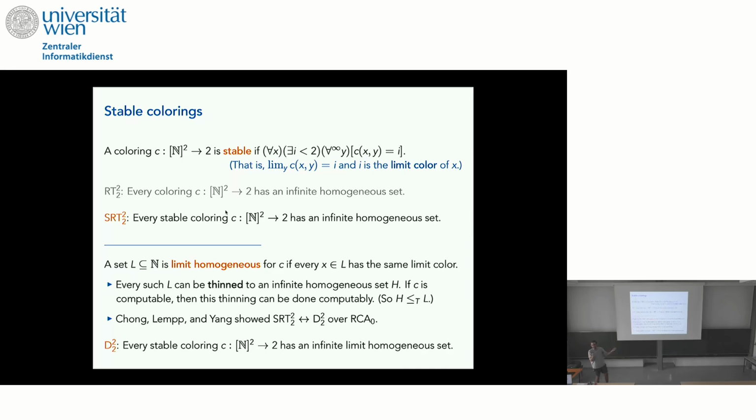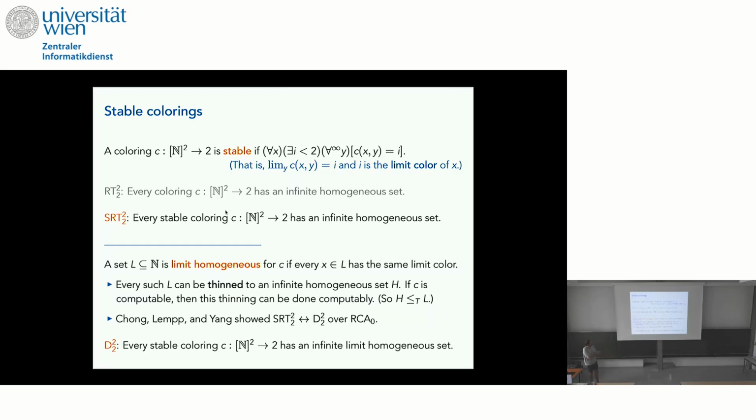Since it has the same color for cofinitely many elements, infinite implies cofinite, and stability. So here I don't want that. I just want the weaker form, which is that all the elements inside this set have the same limit color, but maybe this one makes red with this one, blue with this one, red with one, and then eventually it's red with everything else. So we call such a thing limit homogeneous, not homogeneous, but limit homogeneous, in the limit.